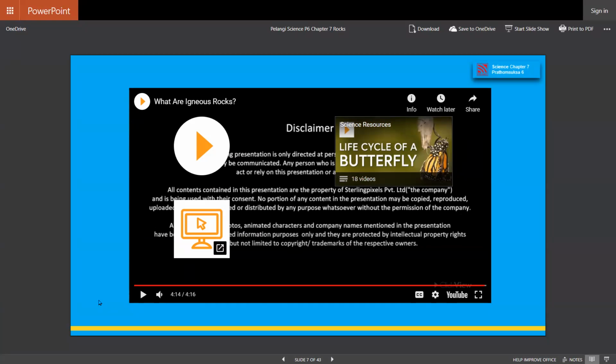And also we have the intrusive igneous rocks. Those are the rocks that are inside the volcano. They did not come out, okay? They cool down slowly and they have a lot of crystals on them. Remember the word crystals, okay?